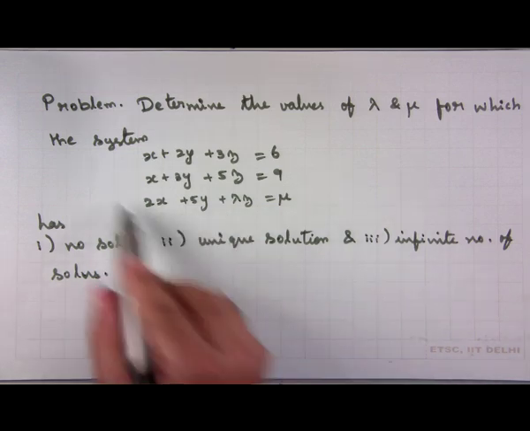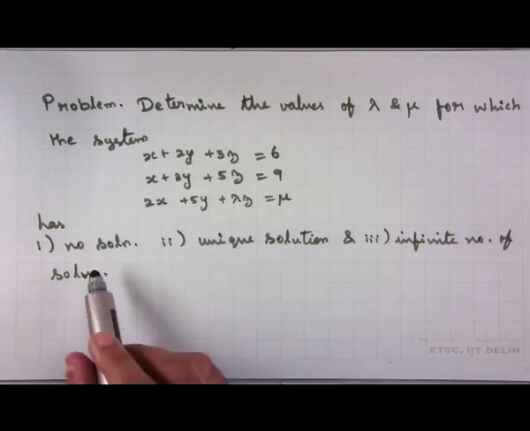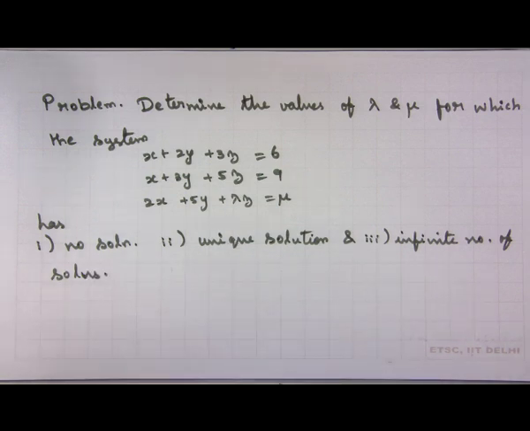Right, so you are given the system with two unknowns, lambda and mu. You will have to find the values such that this system has no solution, a unique solution, and an infinite number of solutions.